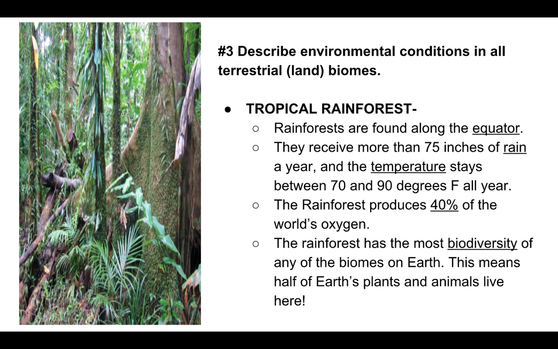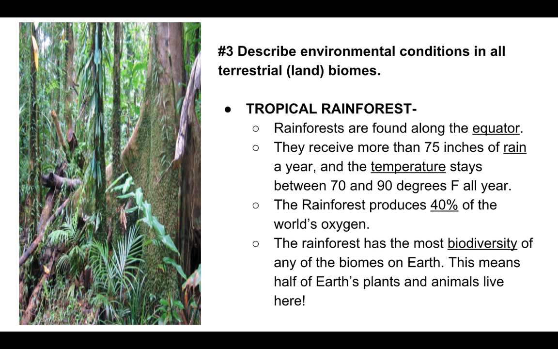The rainforest produces 40% of the world's oxygen. That's a lot of oxygen. The rainforest has the most biodiversity. Remember, bio means life, diversity means amount. So there's a lot of life. The rainforest has the most biodiversity of any of the biomes on Earth.